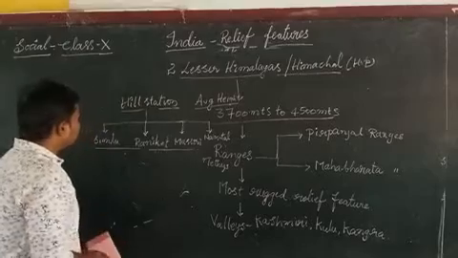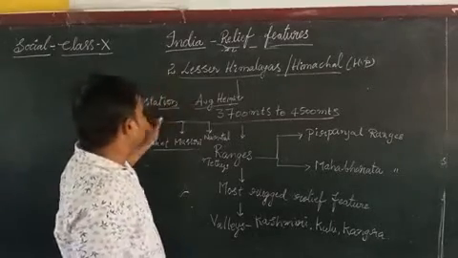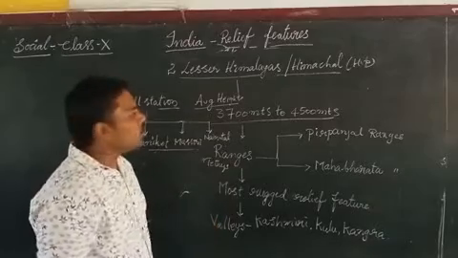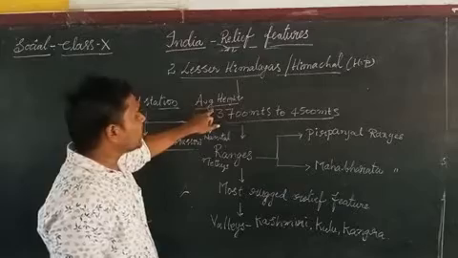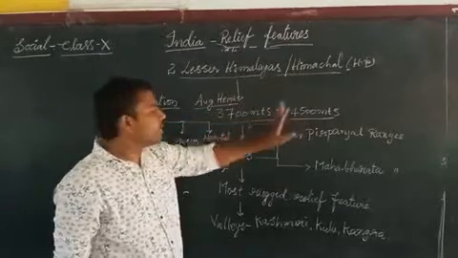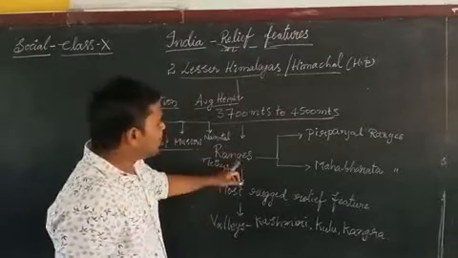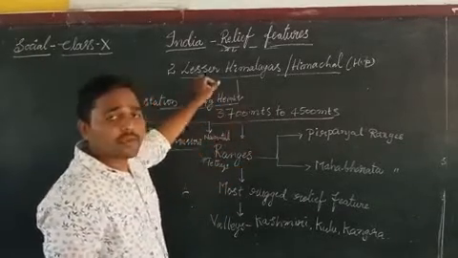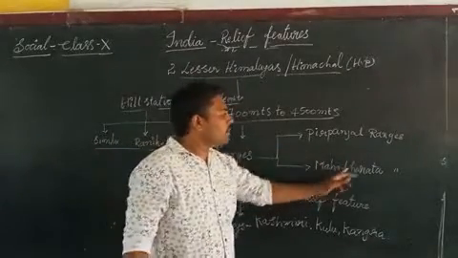And this is the entire region of the Lesser Himalayas. The average height of the Lesser Himalayas is 3,700 meters to 4,500 meters. The famous ranges located in the Lesser Himalayas are the Pirpanjal ranges and Mahabharata ranges.